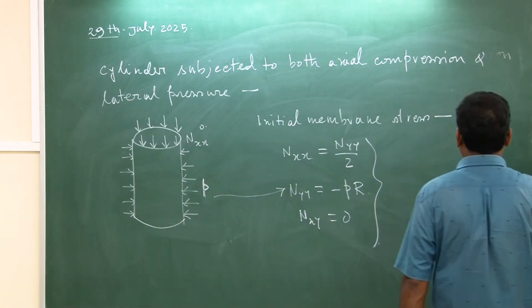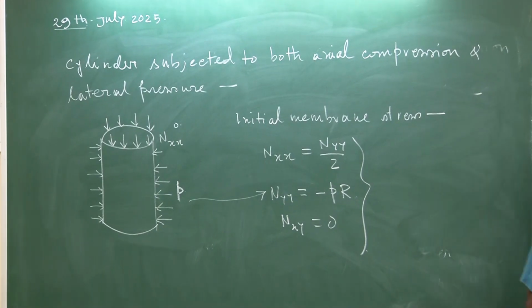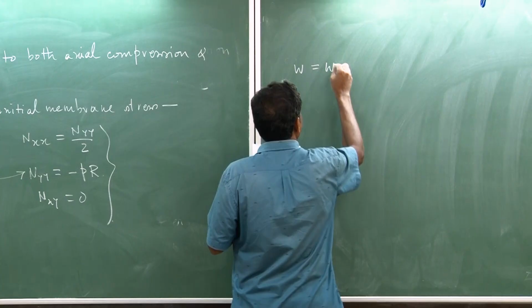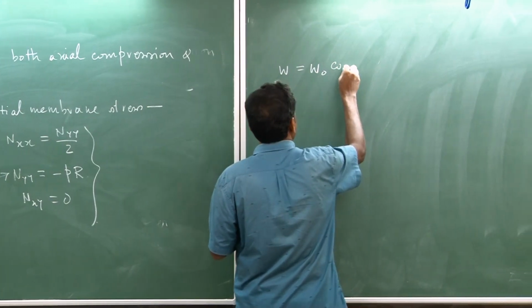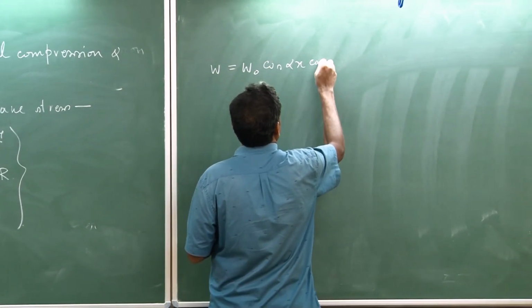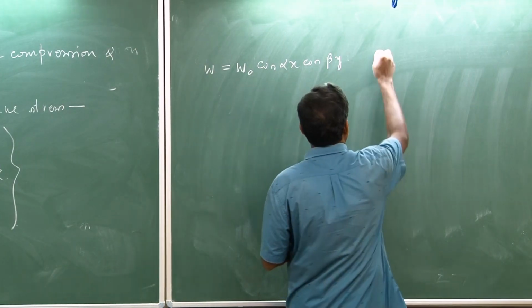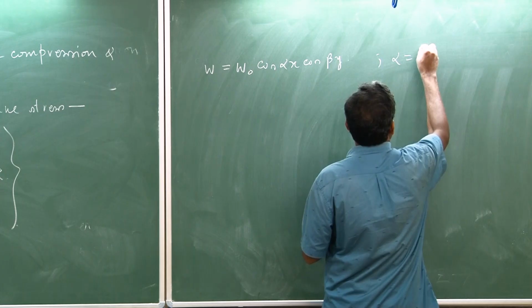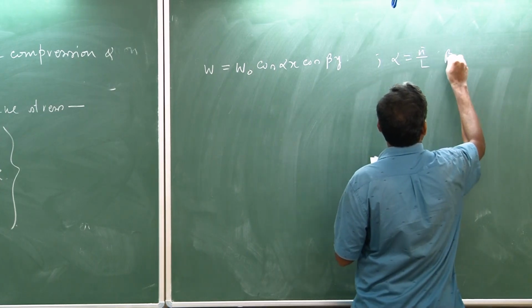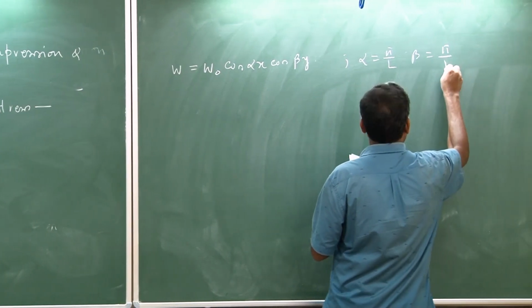If you take this and substitute in the governing equation, assume W is equal to a similar solution, sine of alpha x cosine beta y, where alpha and beta are, as you know, half wavelengths: pi by L and pi by b.